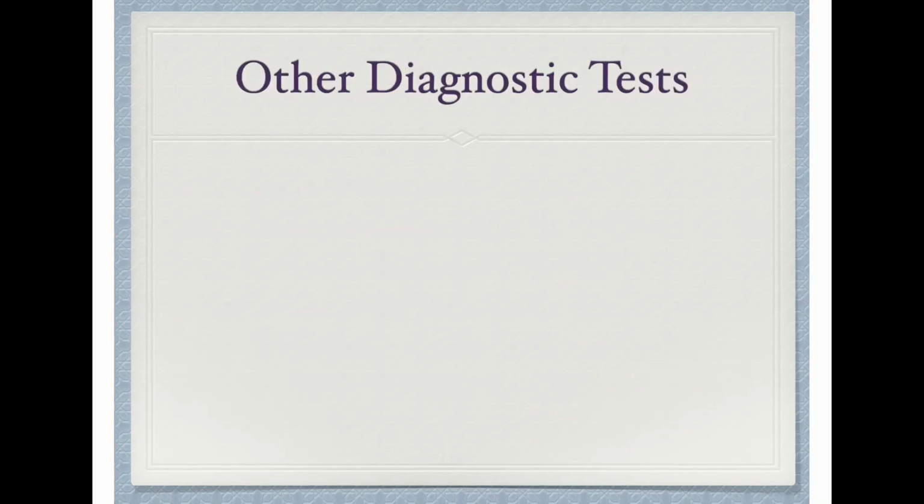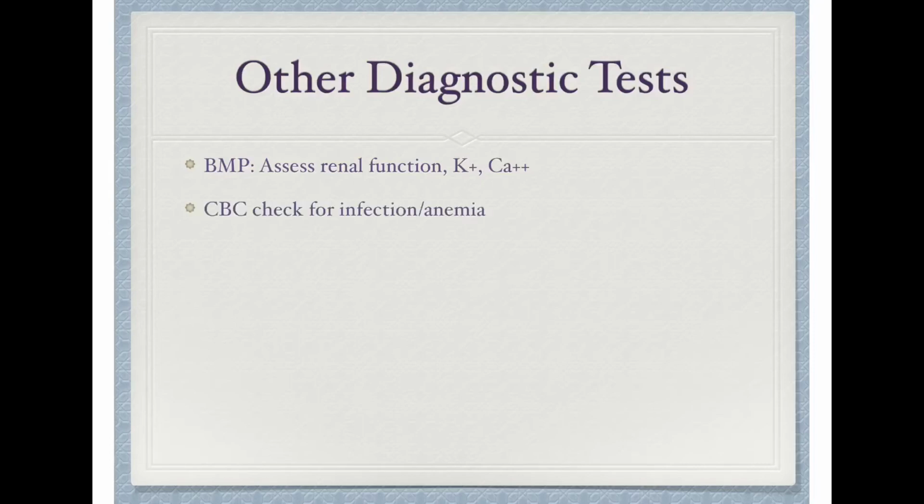Some other common diagnostic tests that are ordered in patients with heart failure include the BMP, or basic metabolic profile, where you would order this to assess the patient's baseline renal function, potassium level, and calcium level. This is particularly important as diuretics are a major part of their therapy, and they would affect all of these parameters.